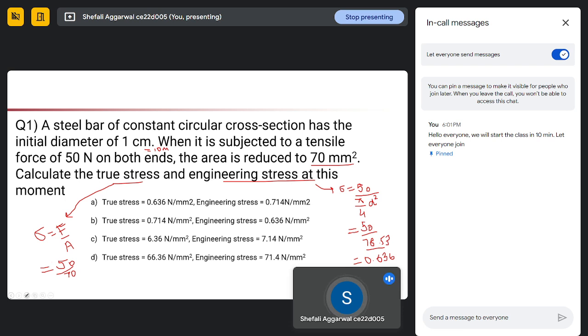It is 0.714. So our answer will be true stress 0.714 and engineering stress 0.636. Is that question clear?